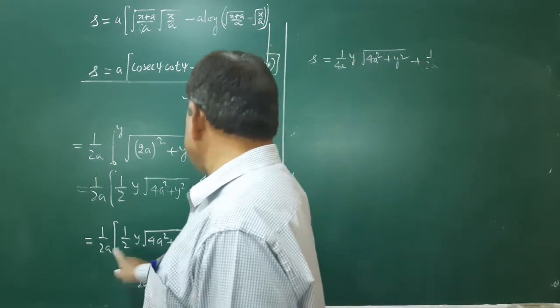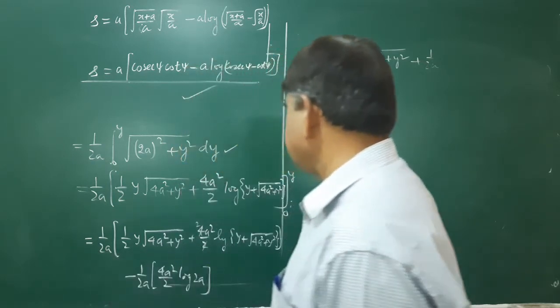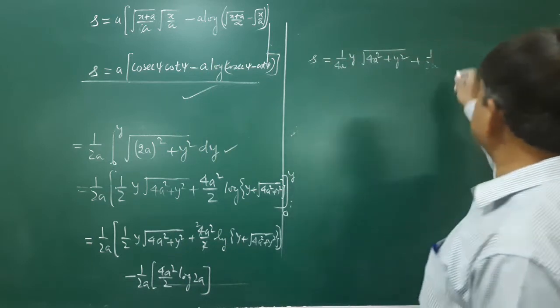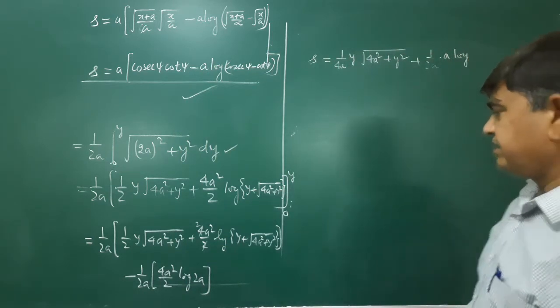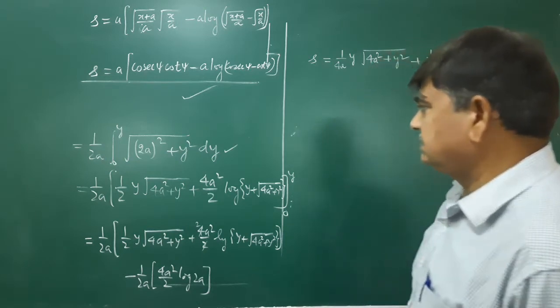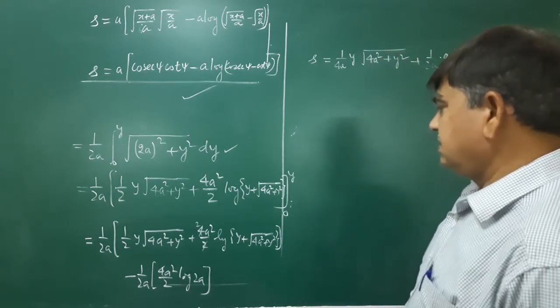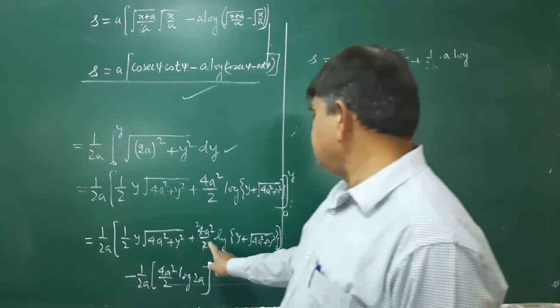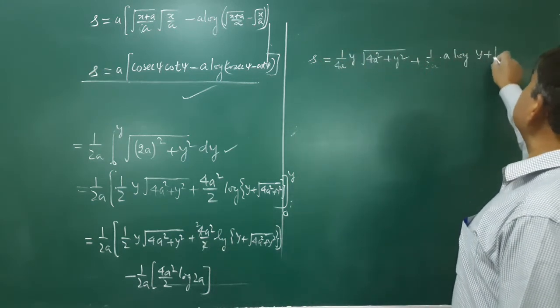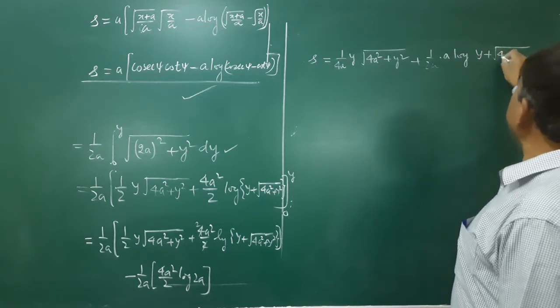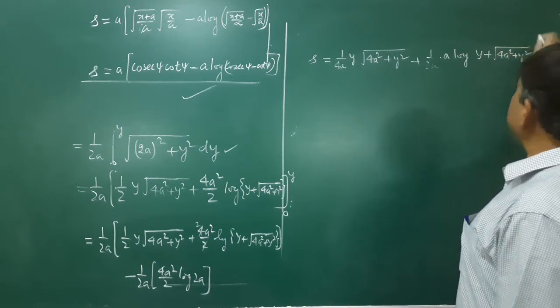Then this 2 and this 2 is cancelled out, and so it is a log y plus under root 4a square plus y square.